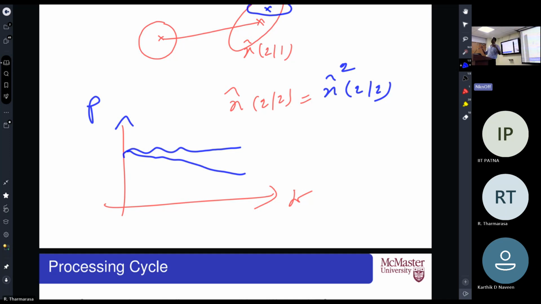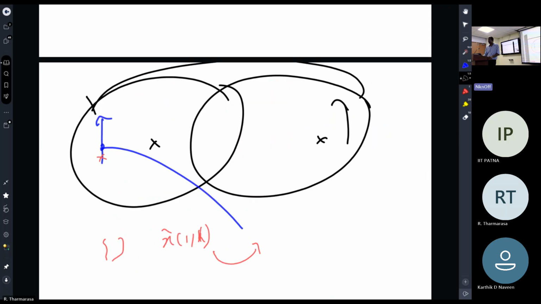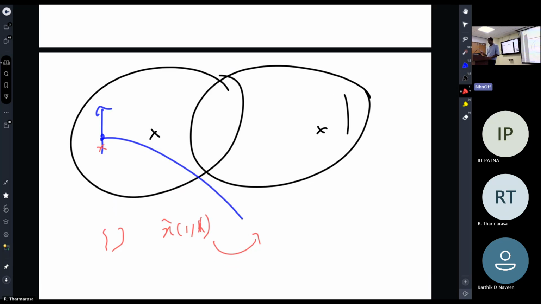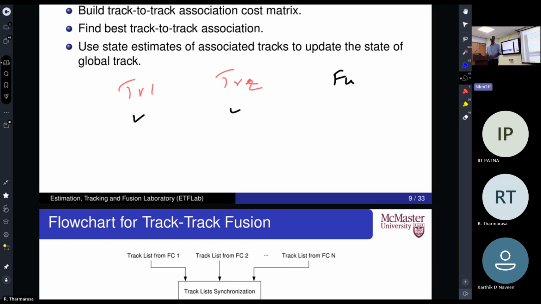So two tracks are highly correlated. Mainly you can think this way. These two are not correlated. Let me think about this. So you track the one, track the two, and this is a fused one. So this tracker and this one, you can say these two are not correlated, I'm okay with that.